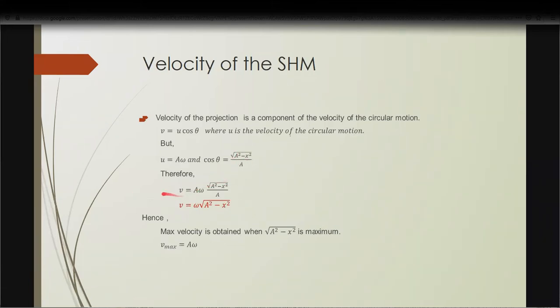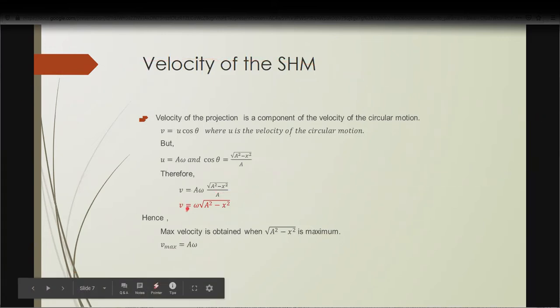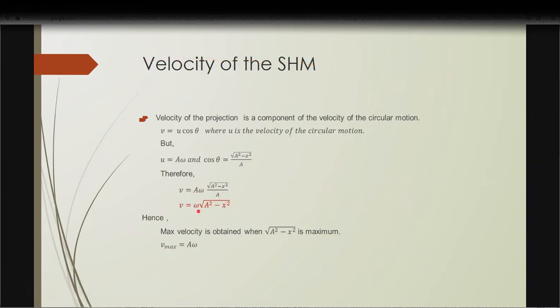So we can write v equals a omega, instead of u, times cos theta, so v equals omega root a squared minus x squared. This is the general relation for the velocity.